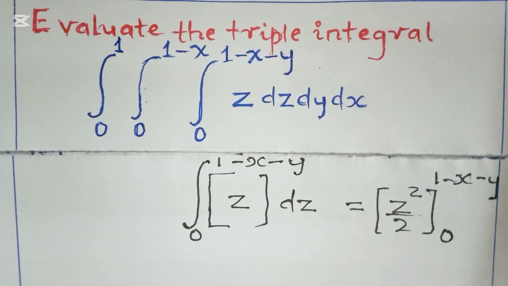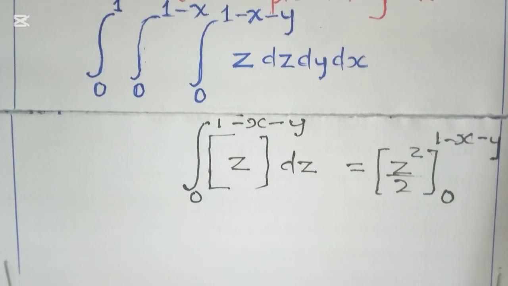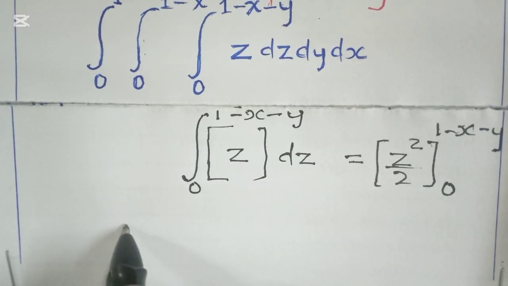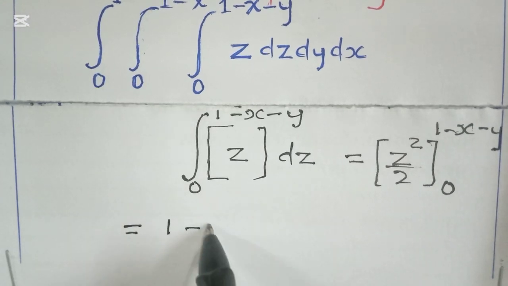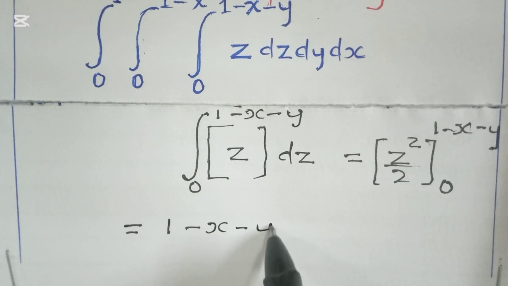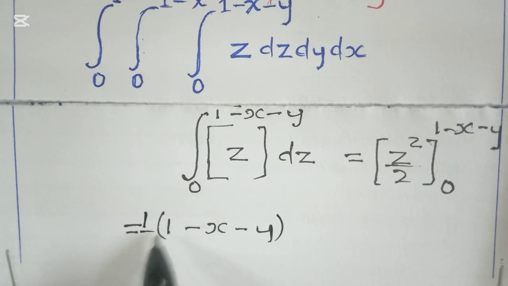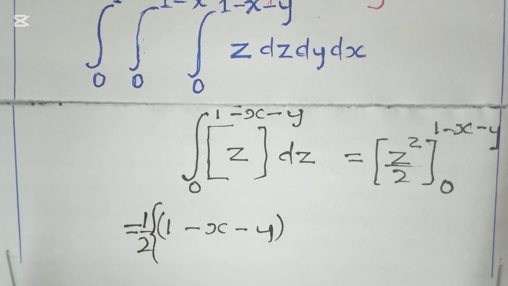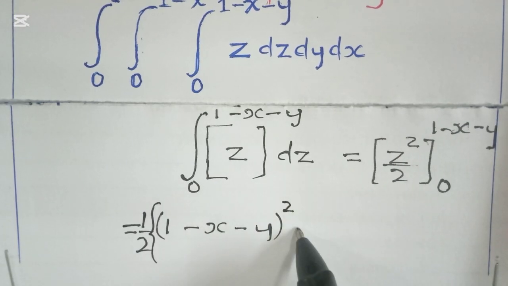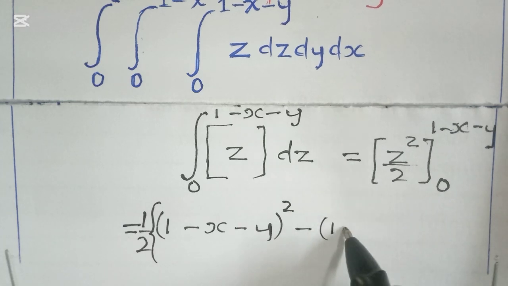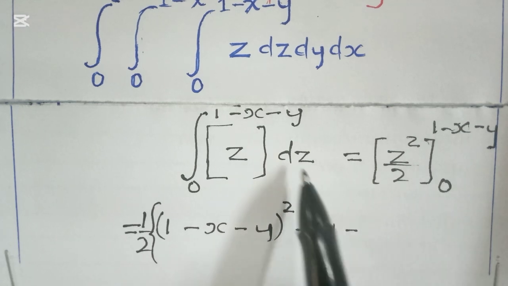So from there, guys, we can now put in our limits. When we put our limits, this is going to be equal to a half, and you can put a bracket there, 1 minus x minus y, squared. Now minus, we do it with respect to dz.